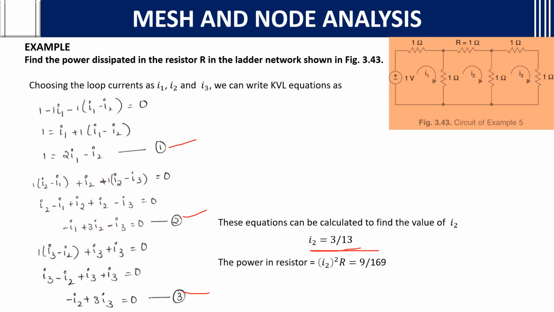We already know I2. Power equals I square R. If you remember the formula, I square R. I2 square is 3 by 13 whole square, that is nothing but 9 by 169. R is anyway 1. So 9 by 169 is the power in the resistor in the ladder network.